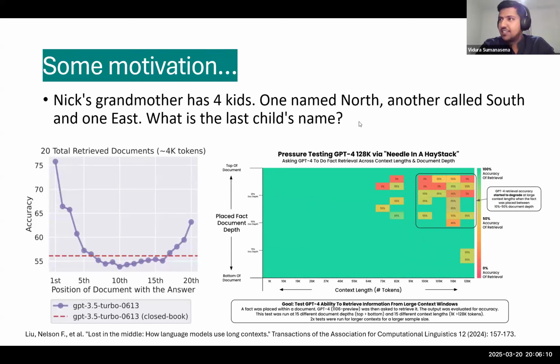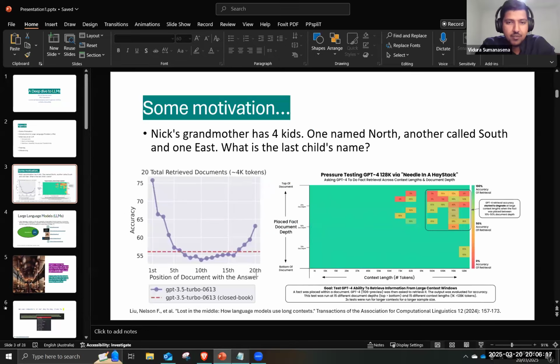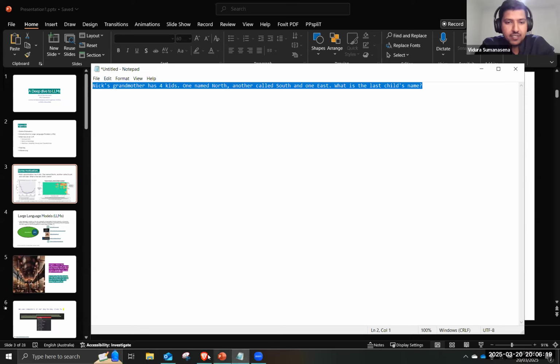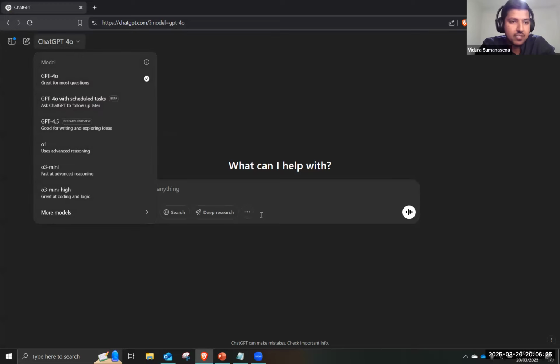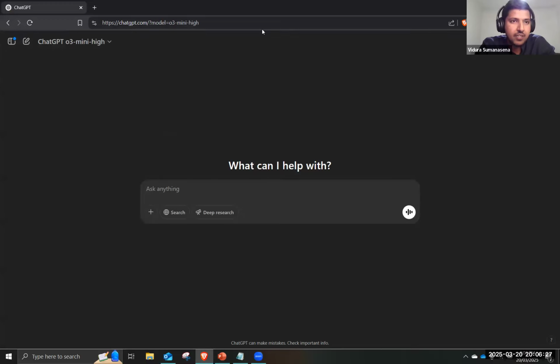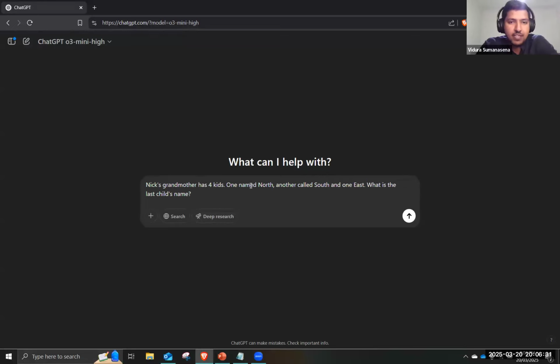So let's try and ask this question on ChatGPT and see what it will do. I have copied the question. This is ChatGPT, I'm sure you are pretty familiar with this. I will use the reasoning model. Nick's grandmother has 4 kids, one named North, another called South, and East.